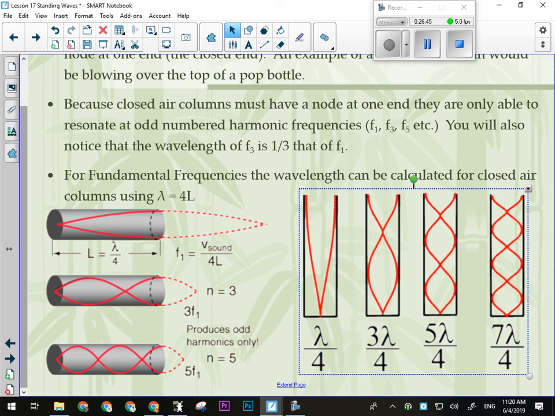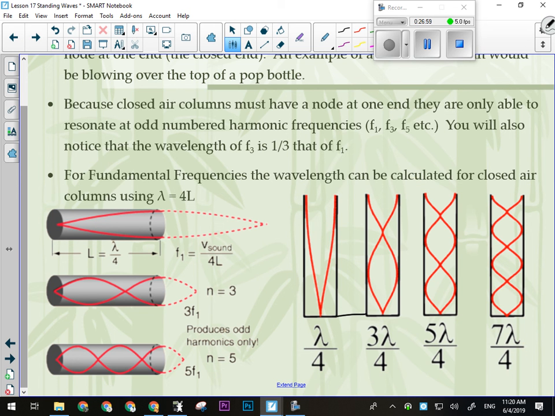Okay. The issue with closed air columns is that they don't produce as wide a range of frequencies as open air columns, because every other spot produces a what? Okay. This would be lambda over 2. What would the waveform look like here?